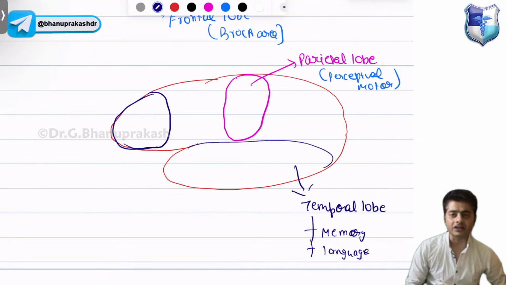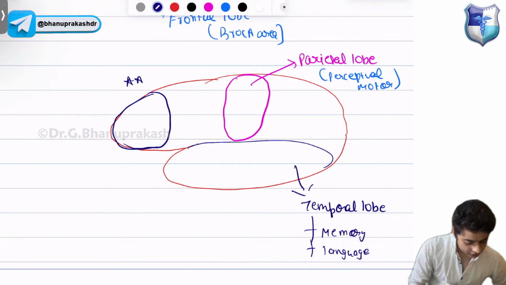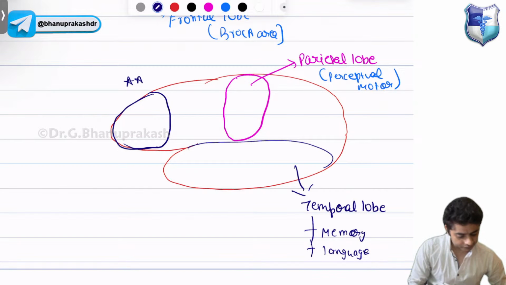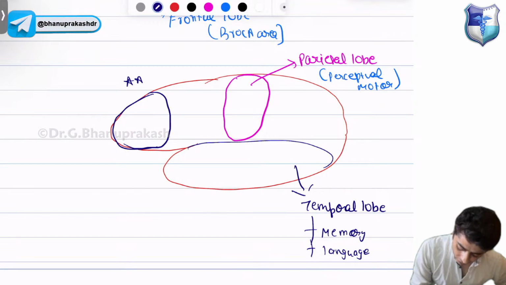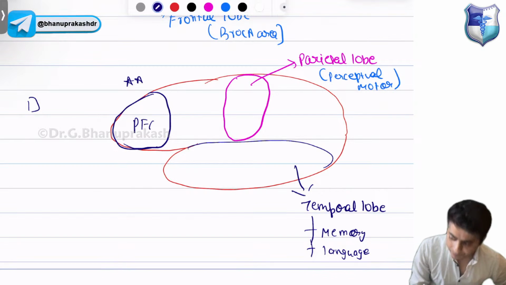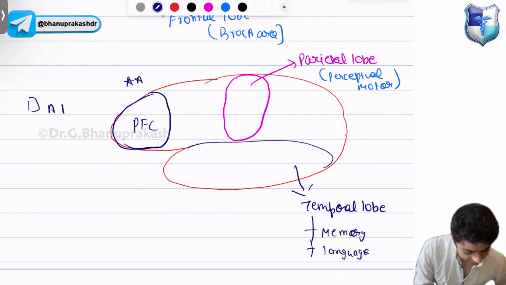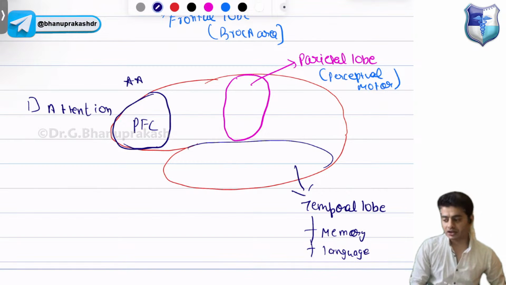It is your prefrontal cortex which makes your personality. So what are the functions of the prefrontal cortex? It is your attention.